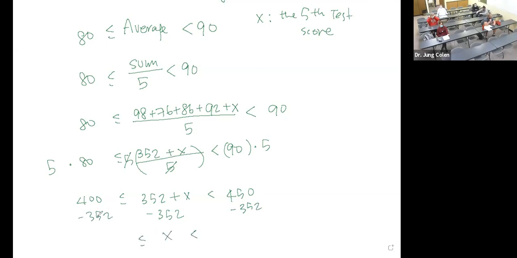What's 352 subtracted from 400? 48. How about 450 minus 352? 98. So if you get any score greater than or equal to 48 but less than 98, you will get a B. Okay? So that's the range. Make sense?